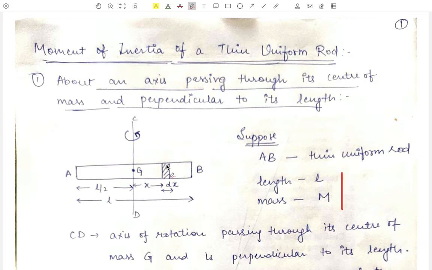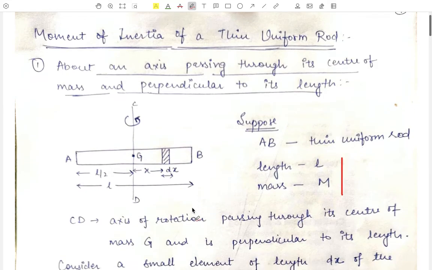For that, we consider a small element of length dx of the rod at a distance x from the center of mass, or from the axis CD. First, we will find the moment of inertia of this element about the axis CD, and then with the help of that, we will find the moment of inertia of the whole rod AB about this axis.